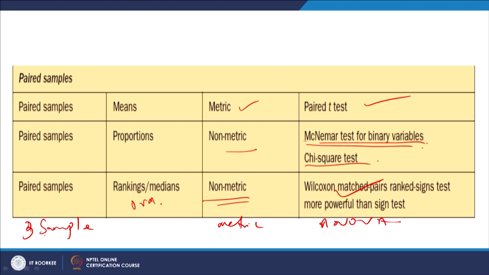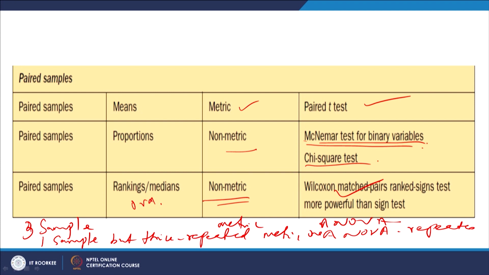If it is one sample, thrice repeated, and it is metric, then one way analysis of variance with repeated measures. But suppose you have one sample, done repeatedly, but it is non-metric in nature, in such a condition we use Friedman's test.